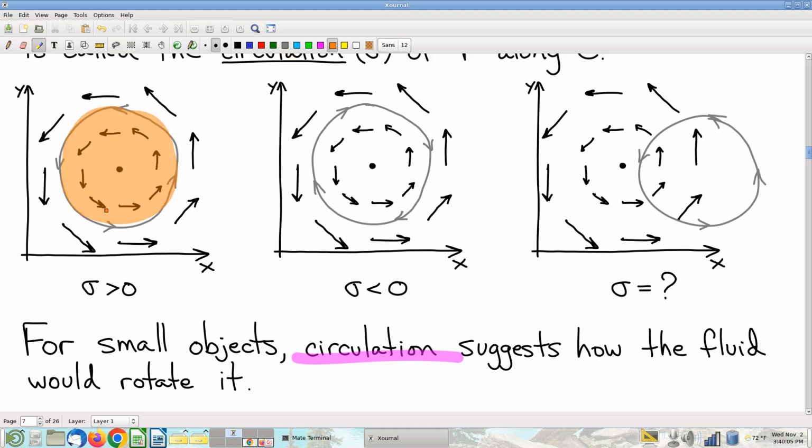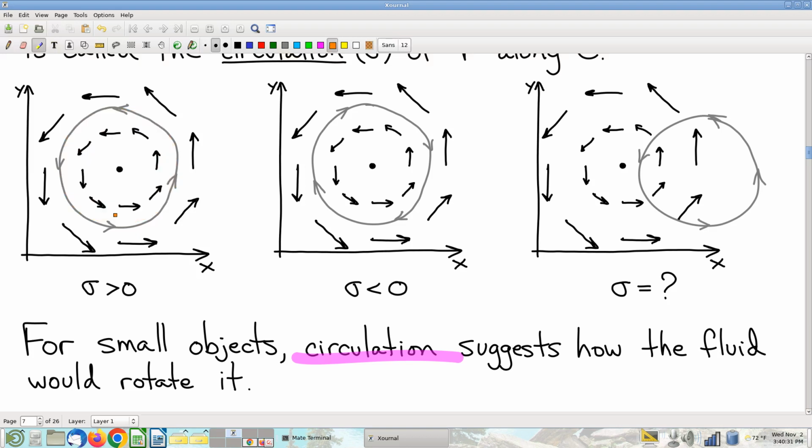Suppose we were to drop a fallen leaf into a puddle, a little stream, whatever it is. Which way do you think this leaf would spin? It's going to spin the direction that the fluid is pushing it. The fluid is circulating counterclockwise, so we would expect this to spin counterclockwise.